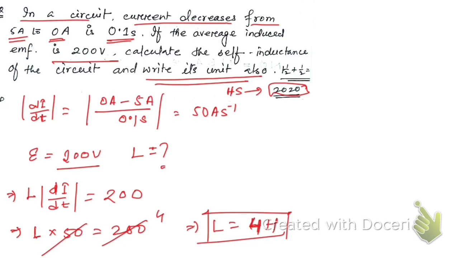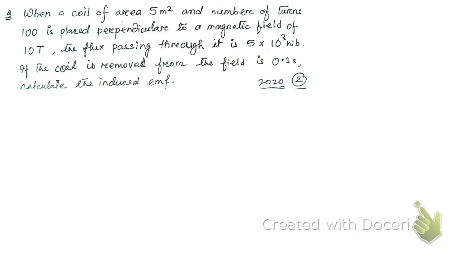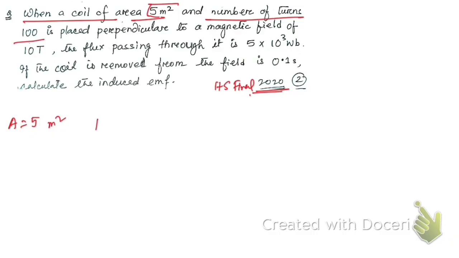Now let me take one more question, the last question, which was also asked in the 2020 AHSEC final examination. A coil of area 5 meter square, and the number of turns is 100, is placed perpendicular to a magnetic field.